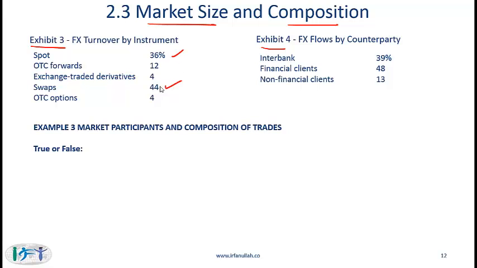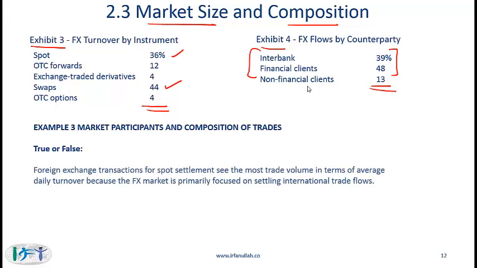You will not be tested on these numbers, just have a general sense that it is a range of transactions that make up the FX market. And in terms of counterparties, most transactions are either interbank or with financial clients. Non-financial clients are only 13% of the market.